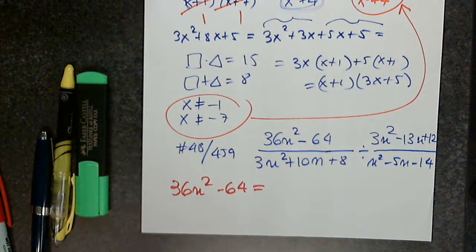So 36n squared minus 64 is a binomial. It's in descending order, greatest common factor. 3? I would say no, it's not. It's 6.